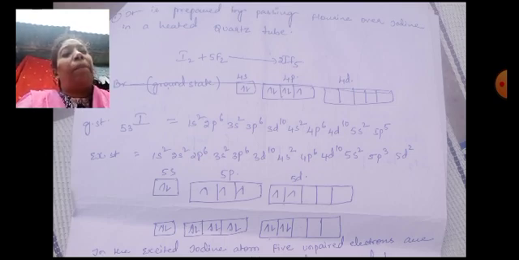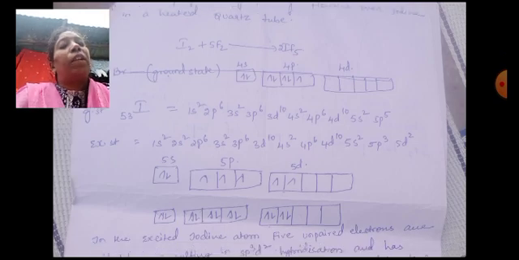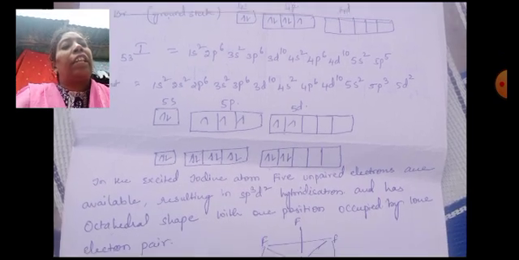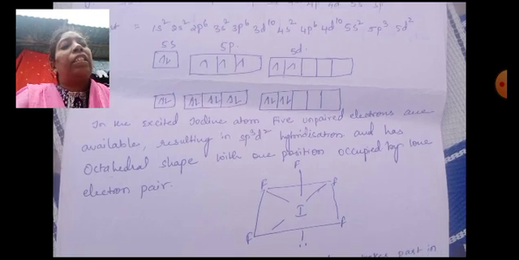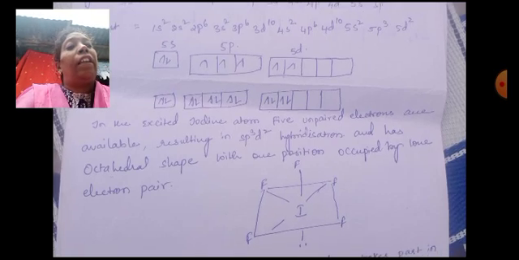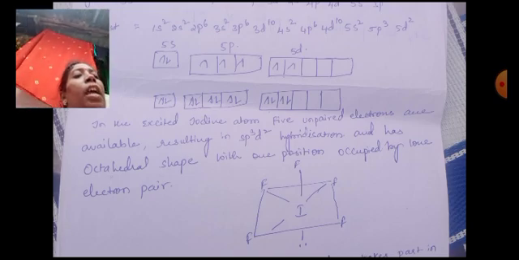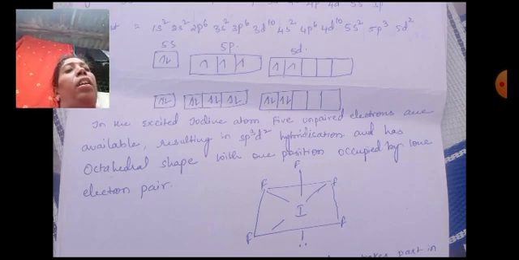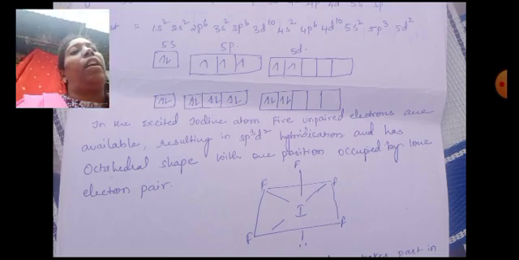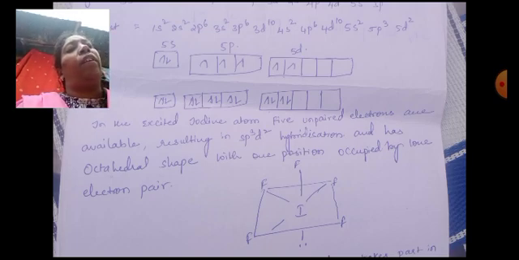These 5 unpaired electrons will combine with the 5 electrons of fluorine, forming pairs. In that way it forms bonding and gives a square pyramidal shape. You can see s is involved, p3 is involved, and d2 is also involved.